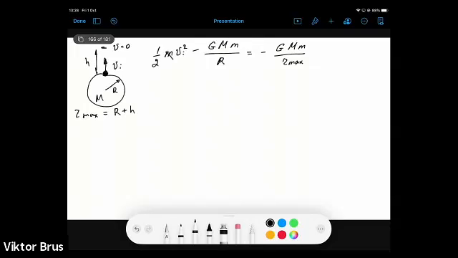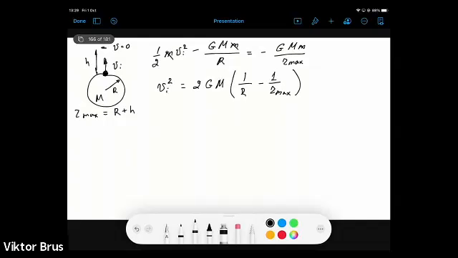Here we can cancel out the mass of the projectile and express the initial velocity as a function of other parameters involved in this equation. So V initial squared equals 2 times G times mass of the planet, times 1 over radius of the planet minus 1 over R maximum.